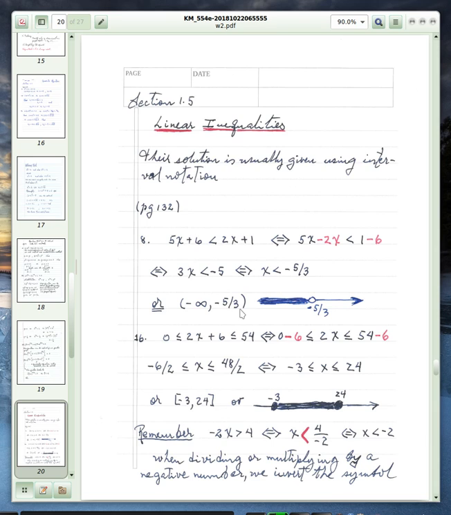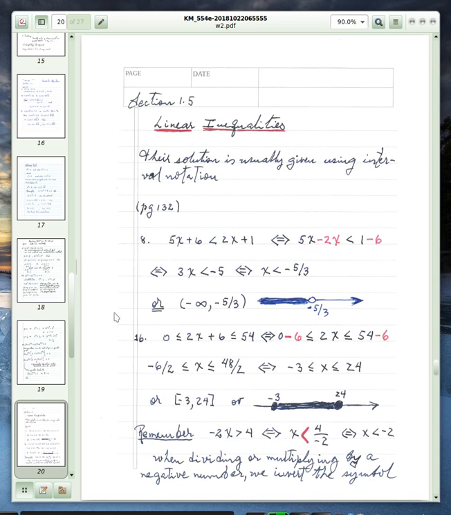Remember, interval notation. So basically here we have three different ways of writing the solution for this inequality. First way is using this inequality form. Second way is using interval notation here. And last way is graphing the solution.